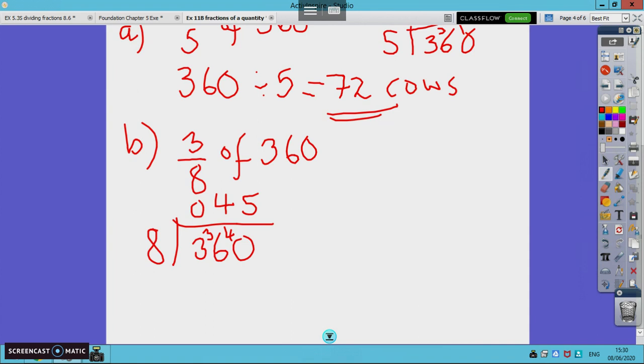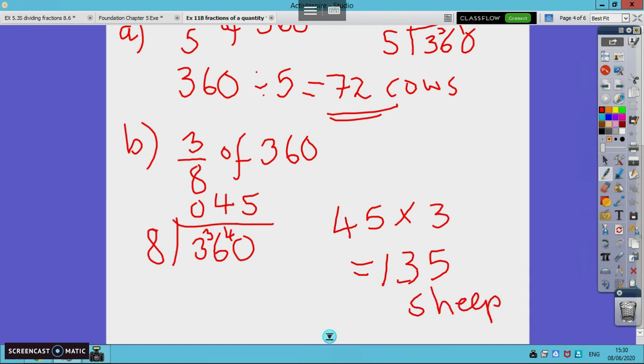We've divided by the 8, now we need to do 45 times 3. We just add 45 three times. 45 add 45 is 90. 90 add another 45 is 135. So there are 135 sheep on the farm.